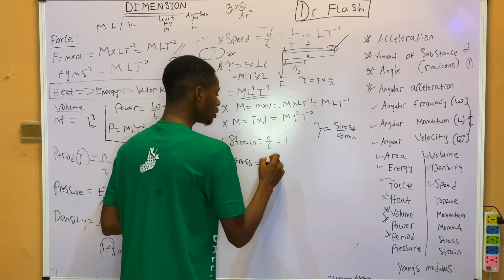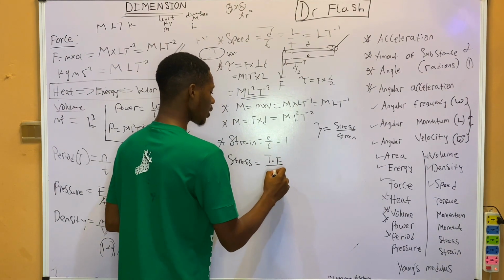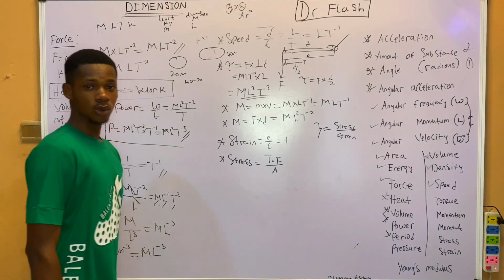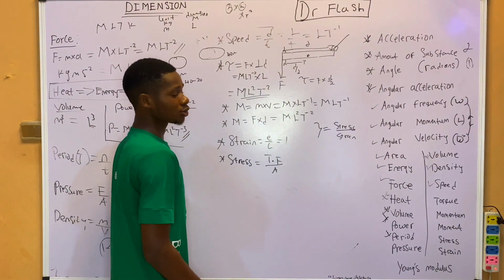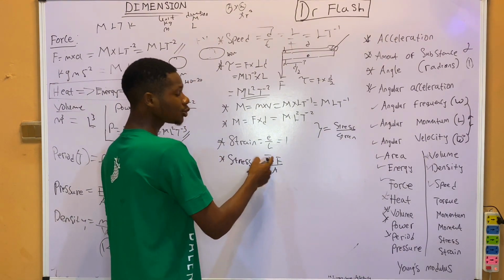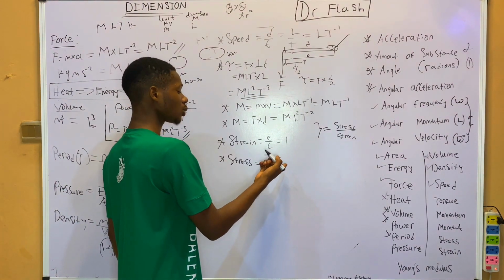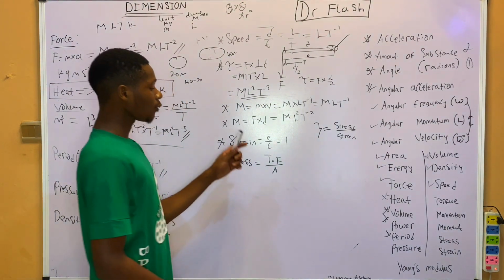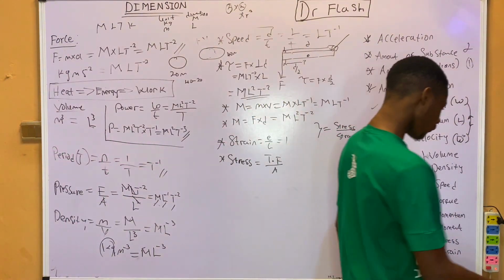Now for stress, stress is simply tangential force over area. Now this tangential doesn't really do anything, it just tells you how the force is acting on the body. We are going to ignore the tangential when dealing with the dimension. So for the sake of dimension, we are going to have just force over area. Now we've done force over area before. If you recall, there is a quantity that has a formula of force over area.